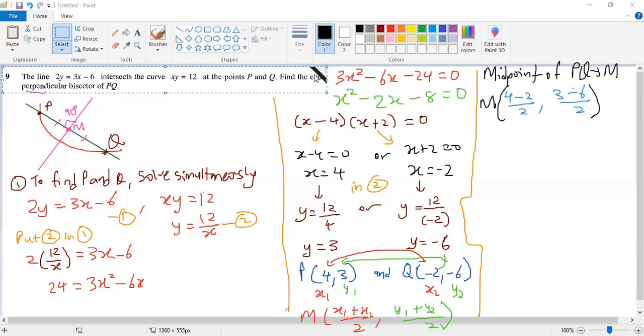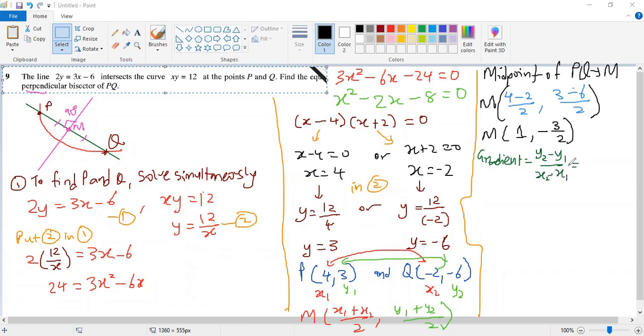Let's complete that. 4 minus 2 is 2, over 2 is 1. 3 minus 6 is minus 3, so it becomes minus 3 over 2. This is the midpoint M. Now we need to find the gradient of this line: y2 minus y1 over x2 minus x1.